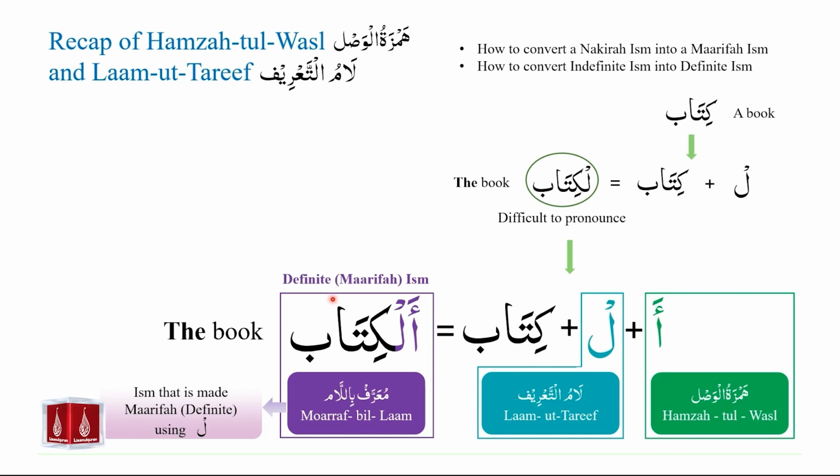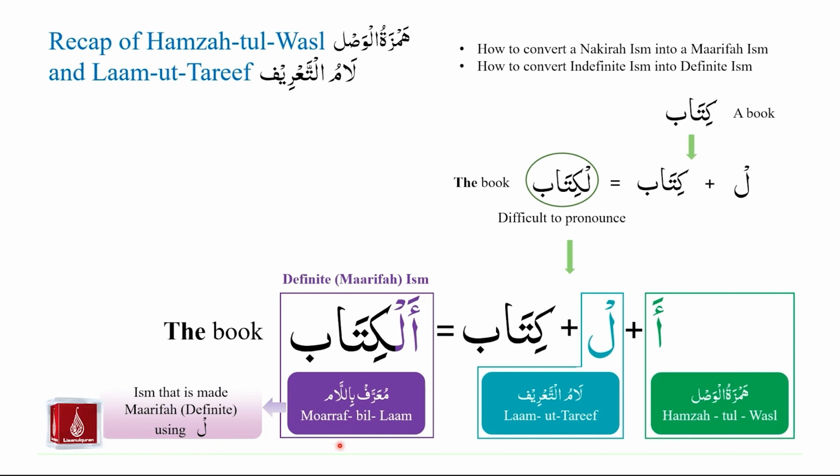Al-kitab is a definite or marifa ism, which means the book. The word al-kitab is also called muarraf bil lam, which in grammatical terms means that it is an ism that is made marifa or definite using lamut tarif.